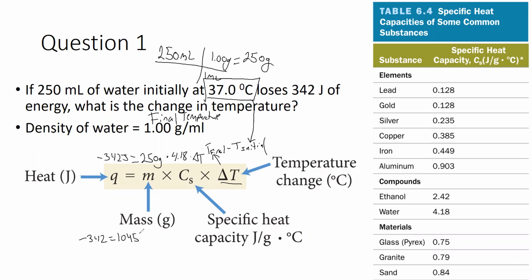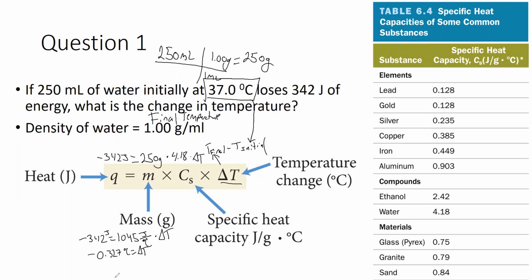And this will currently have units of joules divided by centigrade or Celsius because the grams canceled out, multiplied by delta T. All right, solve for delta T. Divide each side by 1045. This is in joules. So when you do that, it's negative 0.327 Celsius equals delta T.